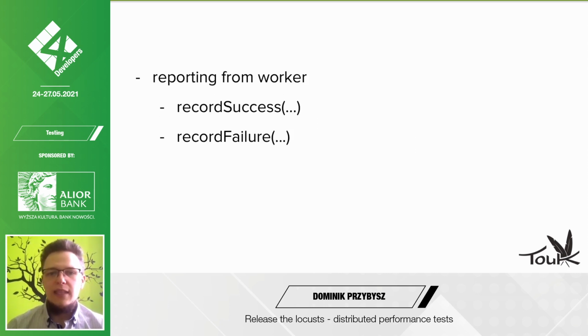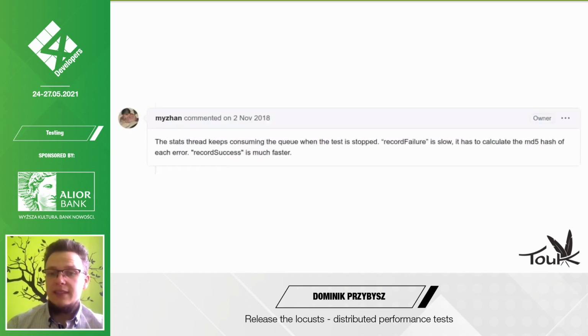The problem was that from Java we were able to gather the statistics using two methods, record success and record failure. And the problem is that the queue connected with record failure is consumed much slower than record success, because you have to calculate some additional stuff connected with errors.